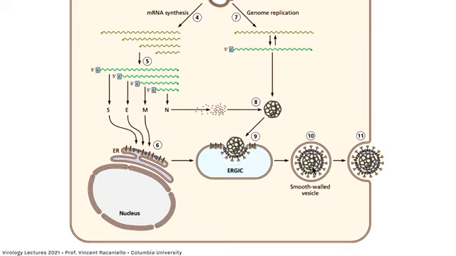It buds inside, and now we have a virus particle inside of the ERGIC. It leaves in the form of this vesicle. So it's brought to the plasma membrane by vesicular transport. So the budding doesn't occur at the plasma membrane. It occurs in the ERGIC, essentially. And then the virus particles are brought up and released as this vesicle fuses with the plasma membrane, which is a normal part of the vesicular transport pathway.